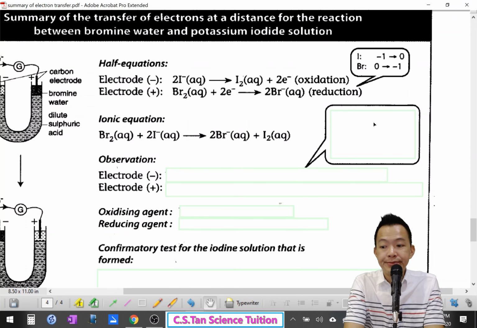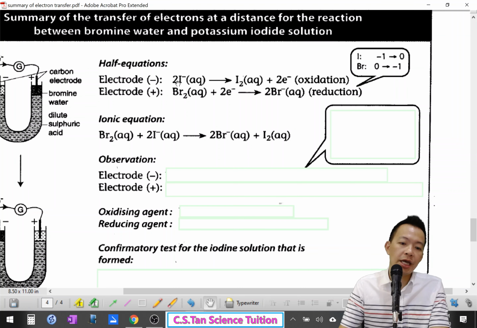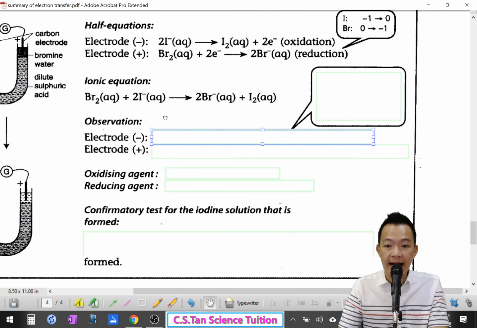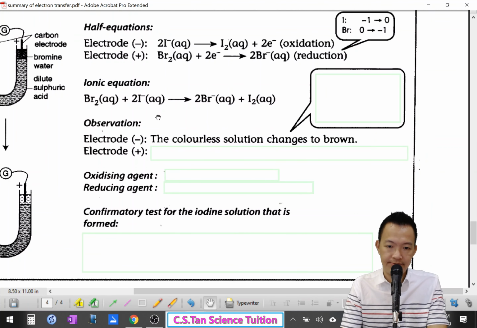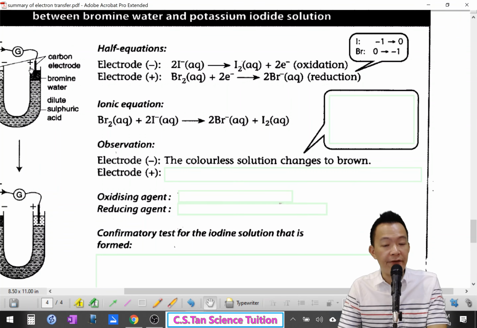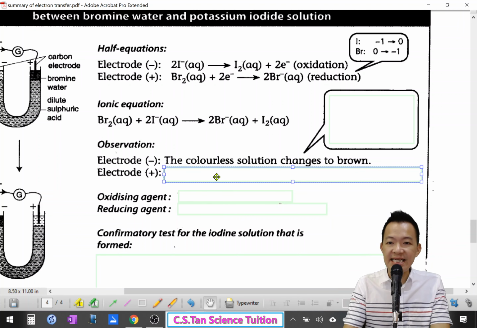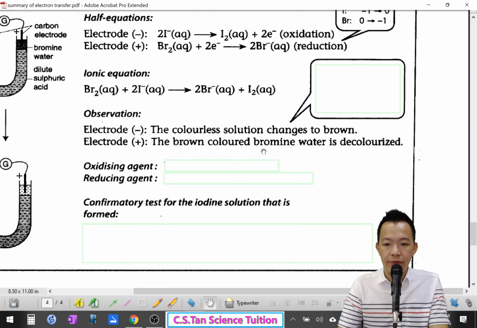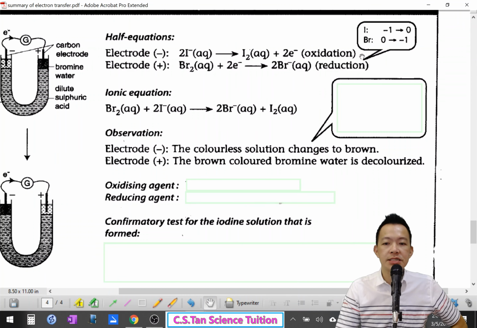Okay, observation: negative electrode, iodide loses the electron to become iodine, so colorless becomes brown. Positive electrode, bromine gains the electron to become bromide, so the brown bromine water is decolorized. Oxidizing agent.